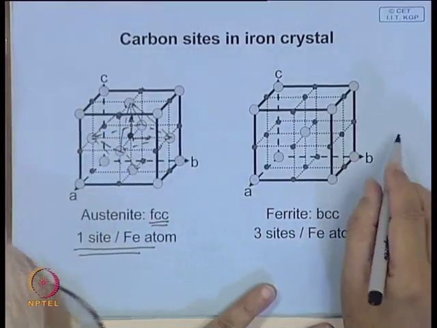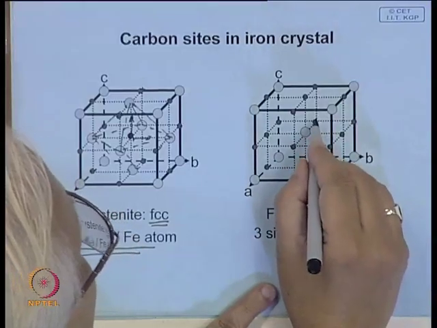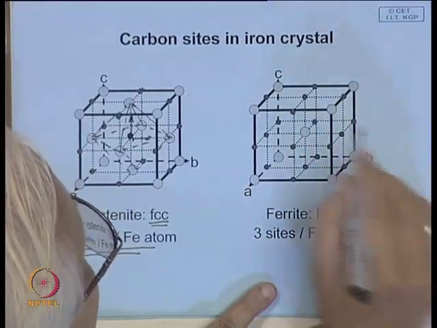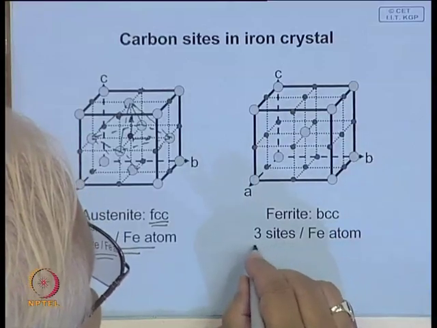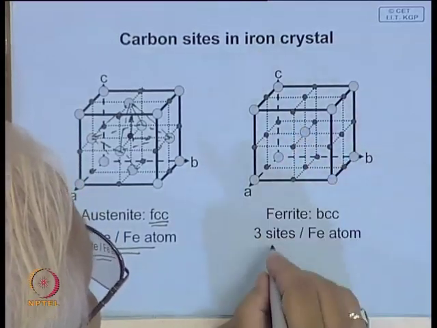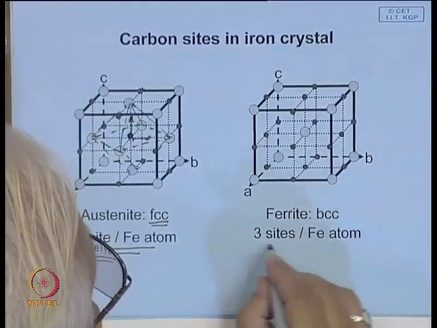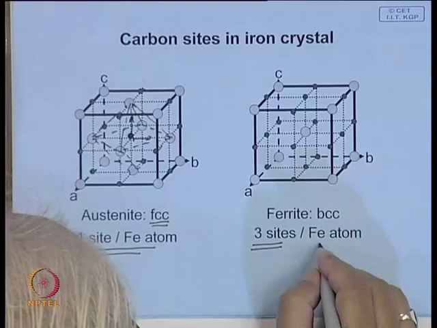Whereas look at these atomic sites in BCC. Here also carbon goes into the octahedral sites, and all these surroundings are the same. If you try to find the number of interstitial sites in the BCC structure, you will find there are 3 sites per iron atom.